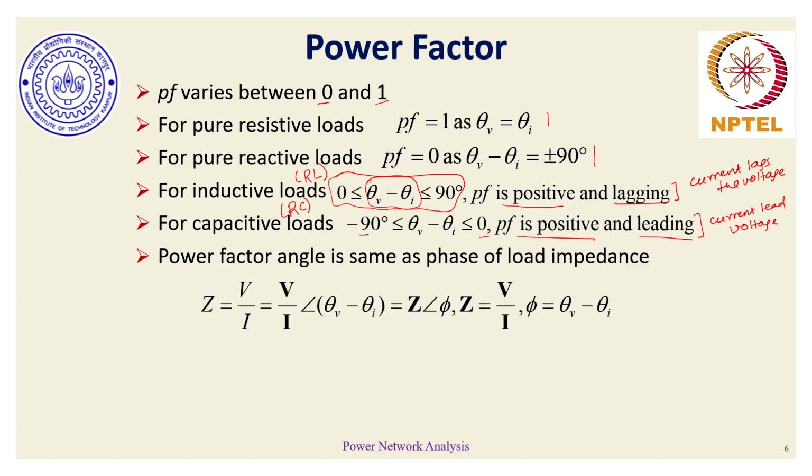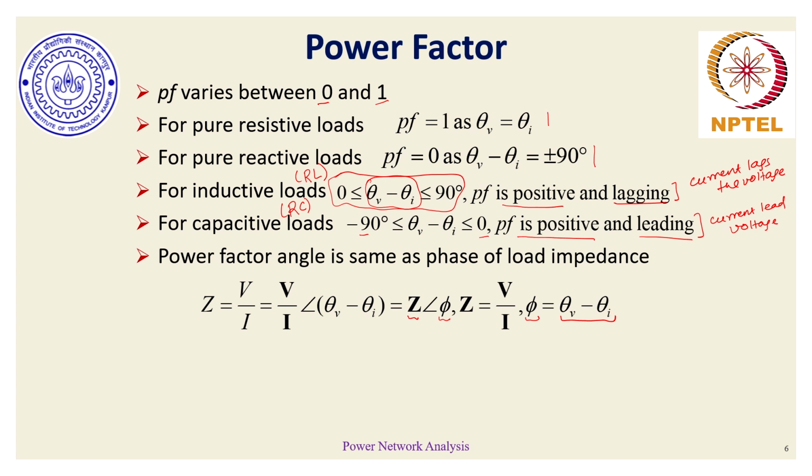If we know the impedance of the element, which let's say we denote as Z, with Z being the magnitude and phi being the phase angle, we'll look more at how we define these impedances. If we know the impedance value, which is also a complex number, then the phase angle of this impedance, which is again measured with respect to the same frequency reference for voltage and current, turns out to be the same as the power factor angle.